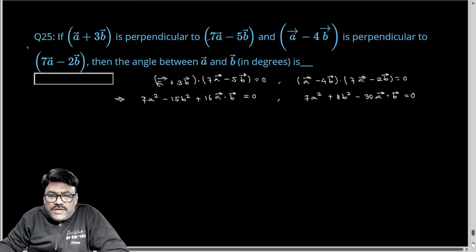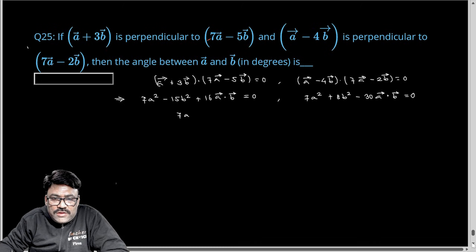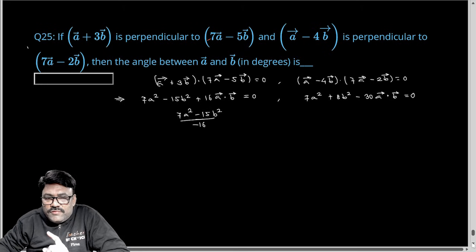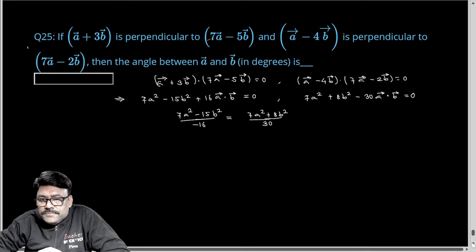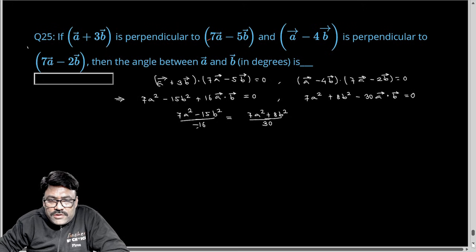Now if I equate a dot b from both: from the first equation, a dot b is 7a square minus 15b square over minus 16, and from the second one, it is 7a square plus 8b square over 30. Cancel it, so you will get 8 here and 15 here.